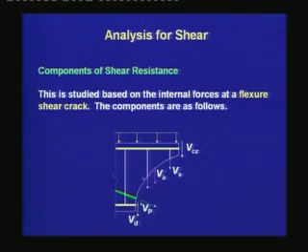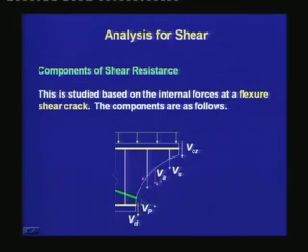The first component is the component of shear resistance due to the concrete under compression. Above the tip of the crack, the concrete is uncracked, and this part of the concrete can carry shear just like a homogeneous material.